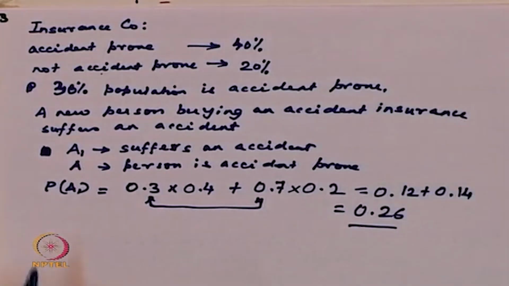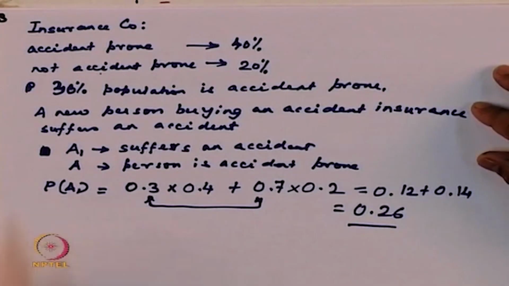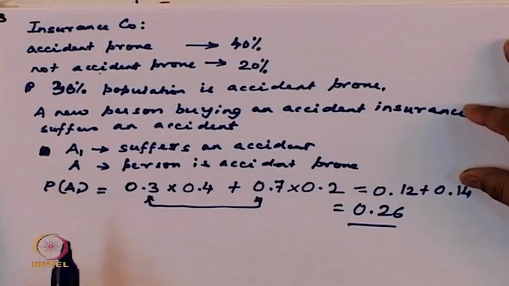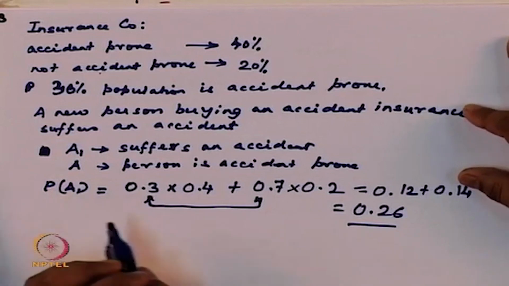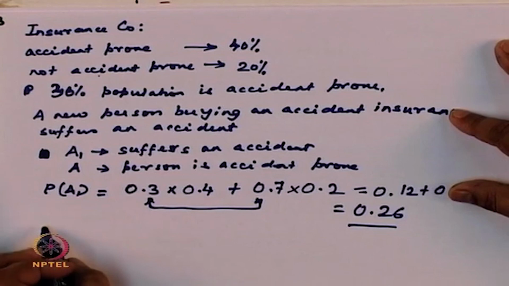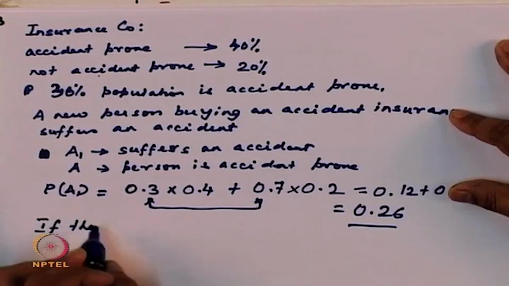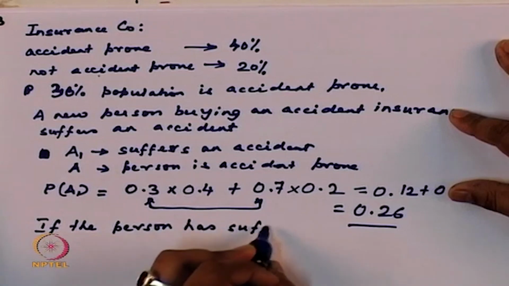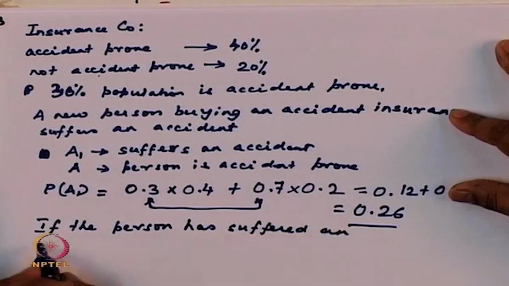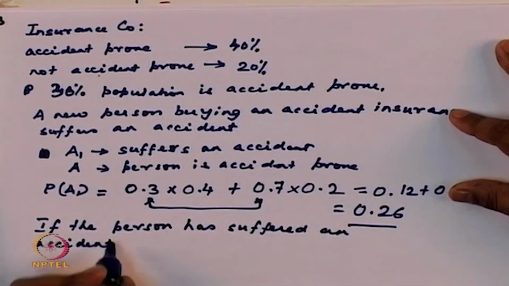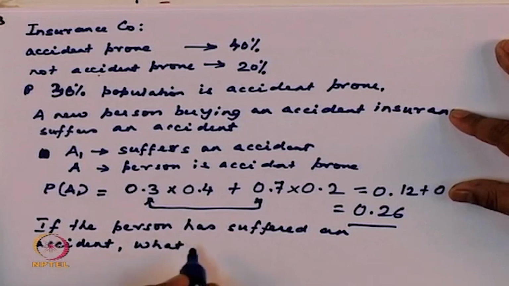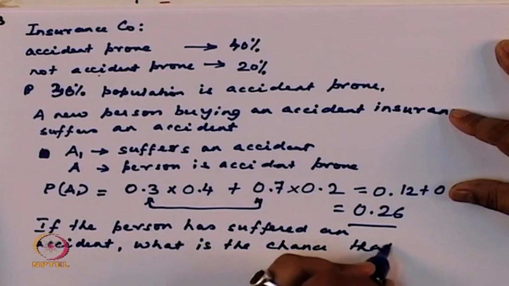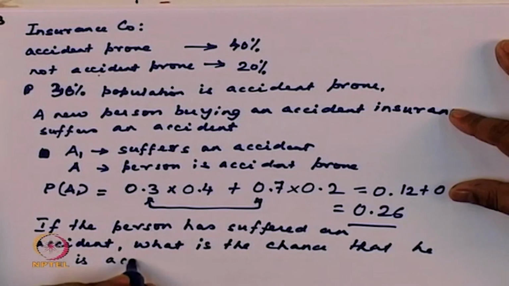Let me modify this question and ask: if the accident has already happened, so if the person has suffered an accident, what is the chance that he is accident prone?